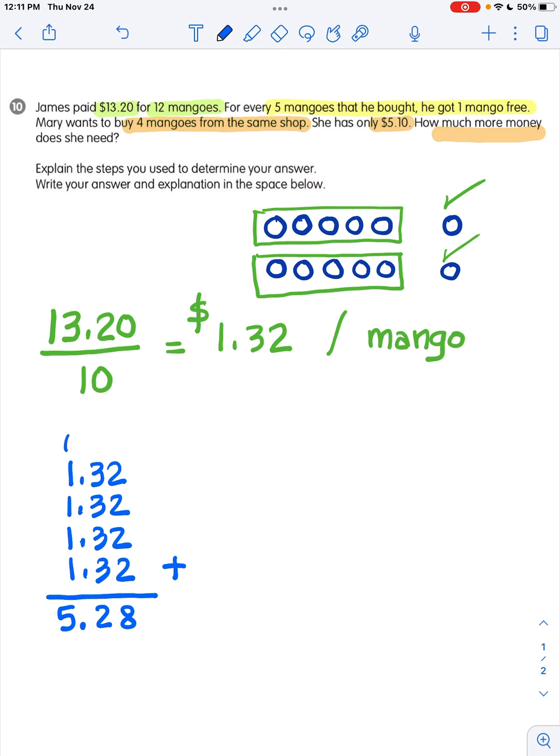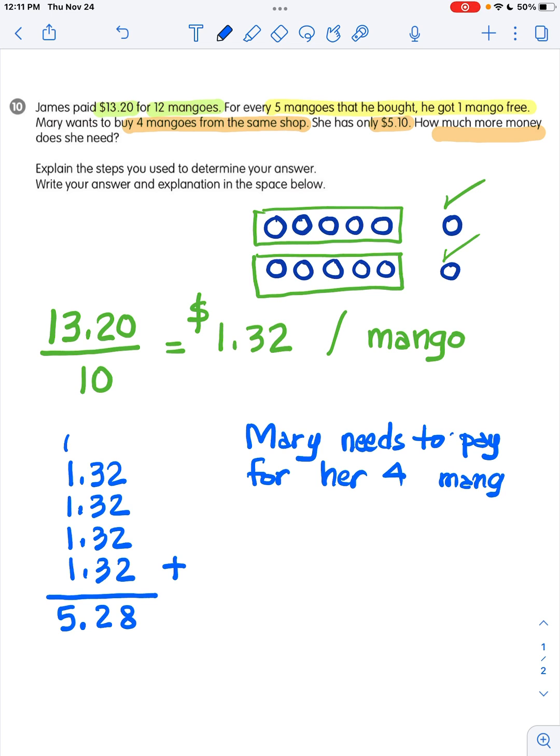But, so let's write it down. Mary needs to pay for her four mangoes $5.28.